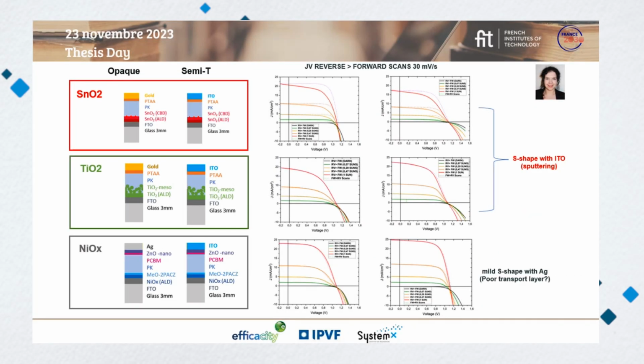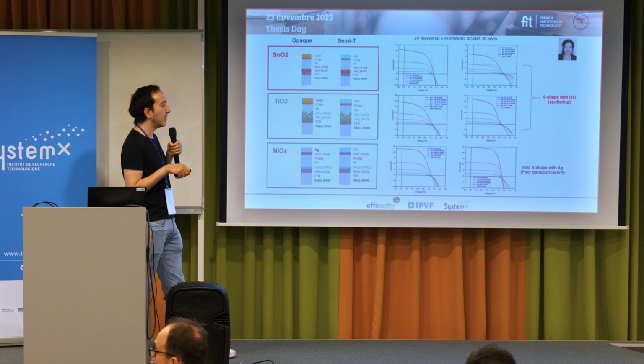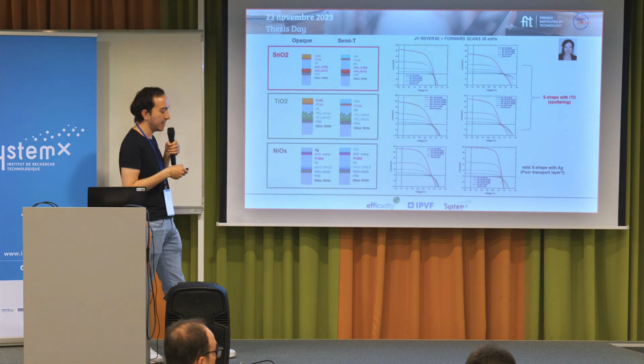We see different features in the operation, for instance, some barriers, like what we call S-shape formation, depending on the light intensity. There are some hypotheses that, for instance, this is related to a poor transport layer. So one of the layers that is used for the selective charge extraction might not work properly.